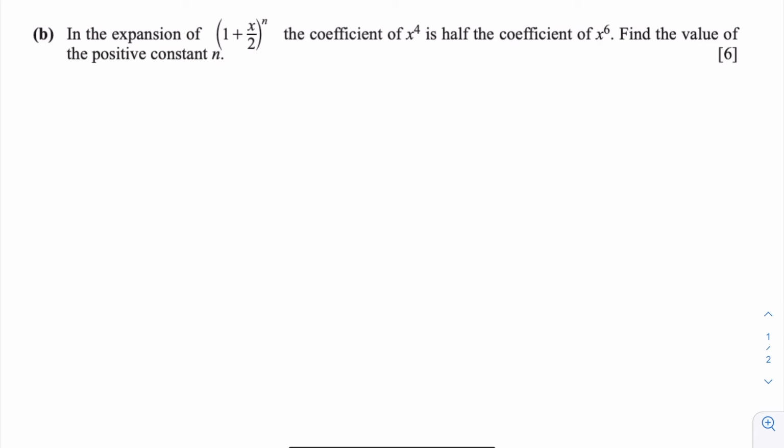First of all, notice how they want us to find the value of n. So that means that immediately we're going to be using a lot of combinations. And secondly, if you think about it, in our binomial expansion, we always have things in the form of n choose r.